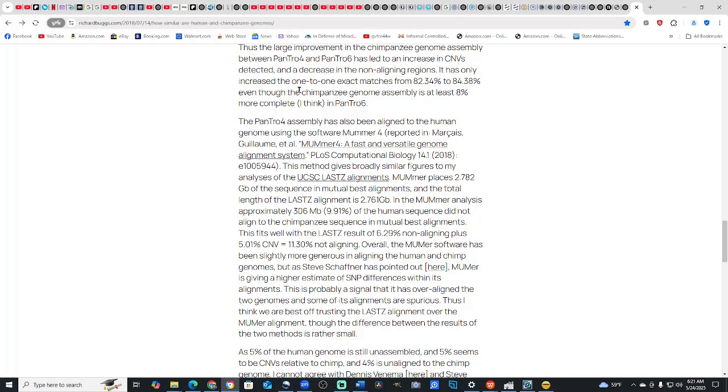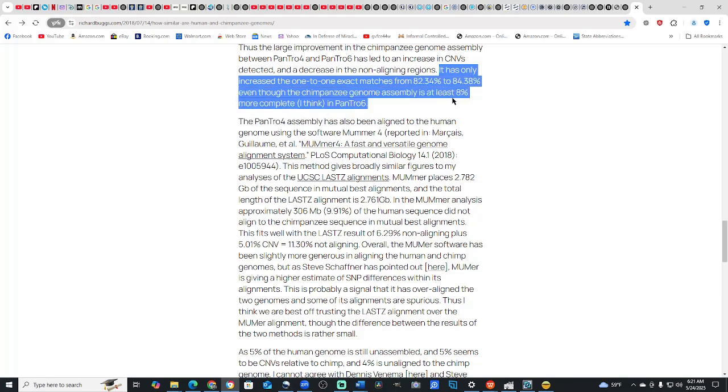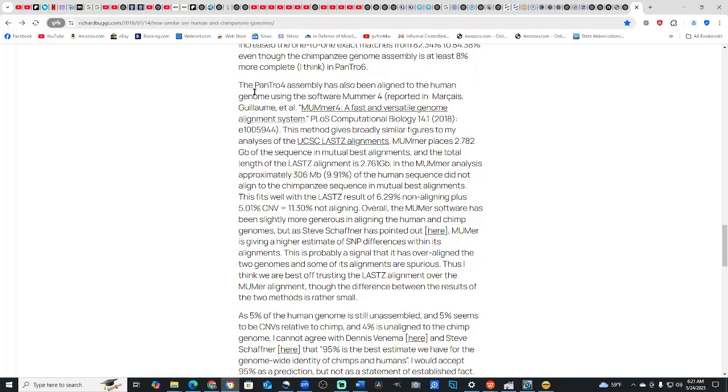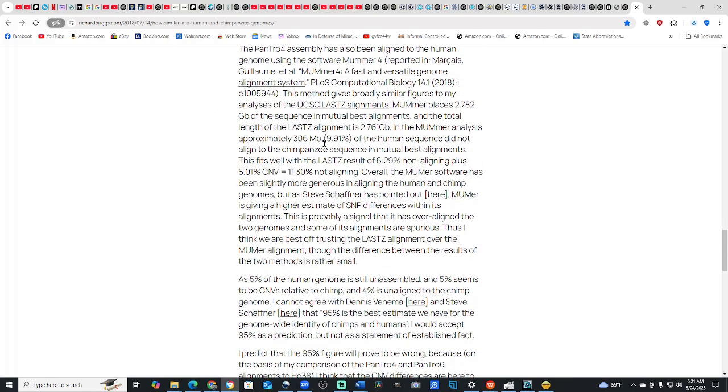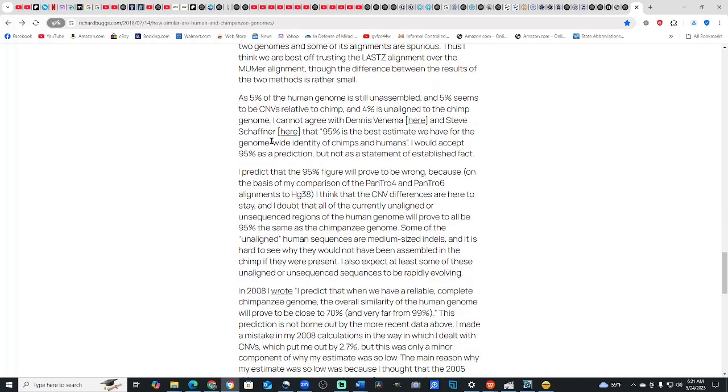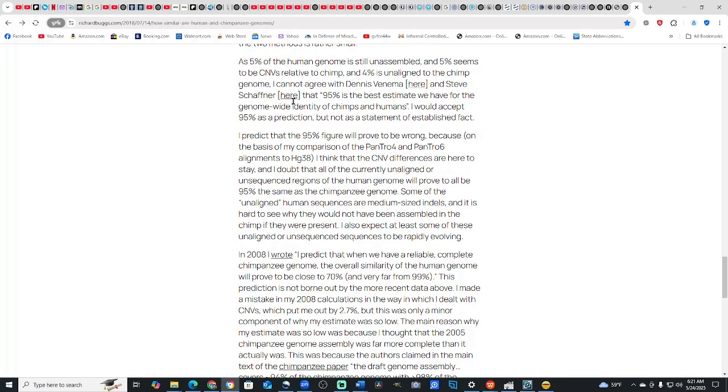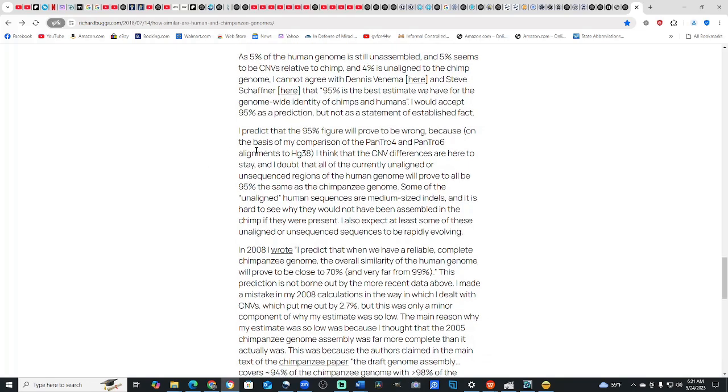It has only increased the one-to-one exact matches from 82 to 84.38%, even though the chimpanzee genome assembly is at least 8% more complete, I think, than Pan 6. Okay, and he goes further. He talks about the process he goes through on this, and what's not been assembled yet as of 2018.